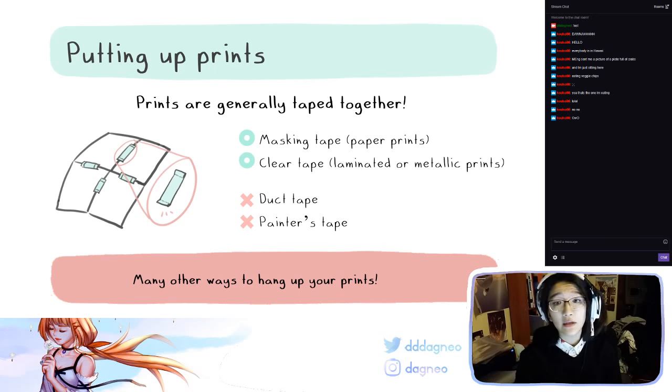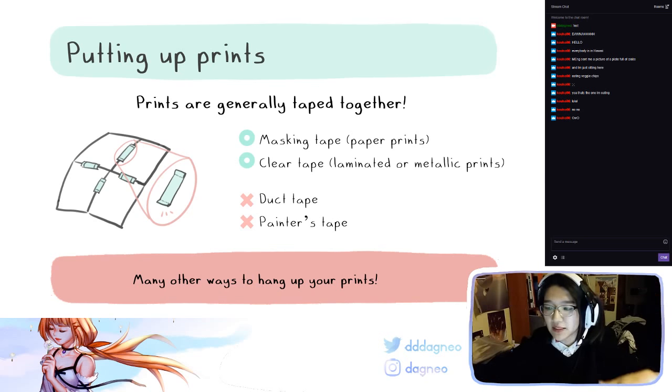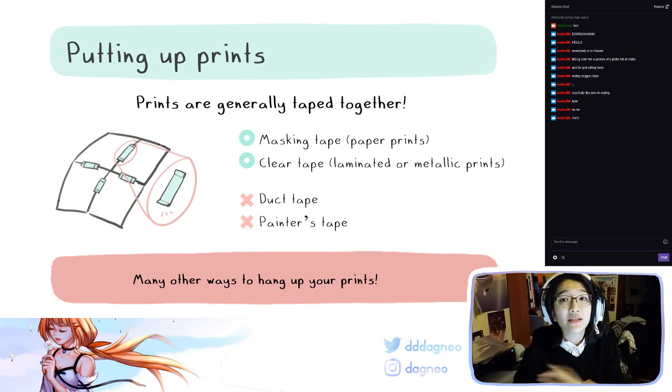There are definitely a lot of other ways to do it. I've seen people print out just one big sheet of all of their prints. I've seen people laminate their prints and punch holes in them so that they have binder rings. But the most simple way, and by far the most common way I've seen people put up prints, is tape.